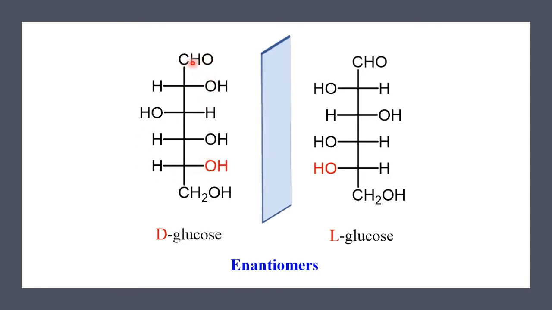This is the last OH from the CHO, or actually the second to the last OH of this molecular structure. In this case, the dextrorotatory glucose has the OH on the right side, so this is a right-handed molecule, while in L-glucose, or the levorotatory molecule, the OH is towards the left. So again, this is the reason why we use the word dextrose. It comes from the word dextrorotatory, and this is glucose.